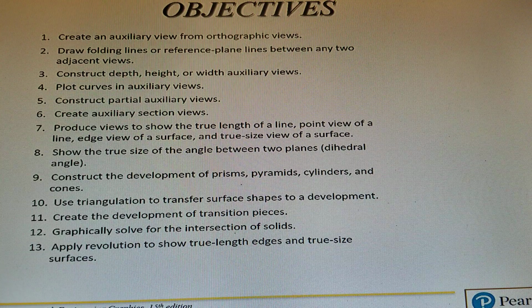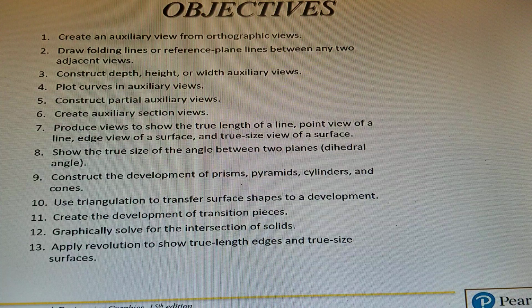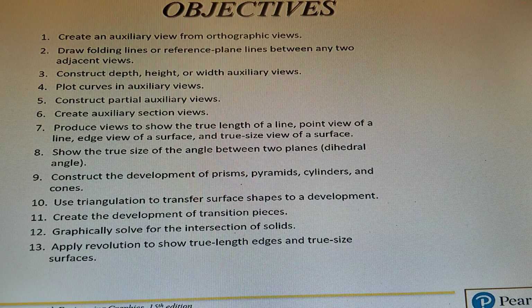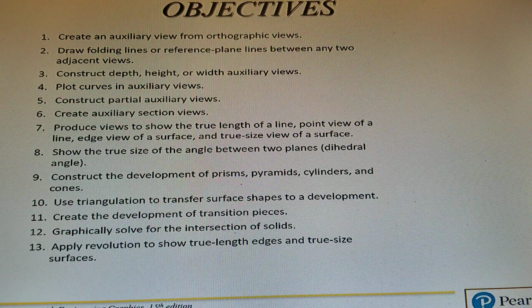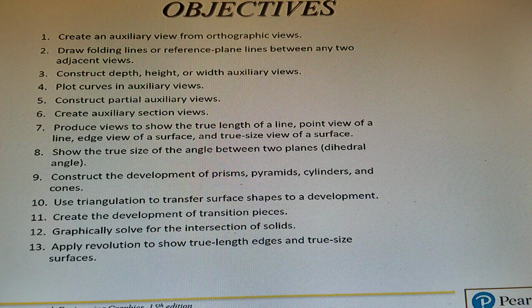So we're going to combine auxiliary views with what we learned in section views in the last chapter. Produce views to show the true length of a line, point view of a line, edge view of a surface, and true size view of a surface.